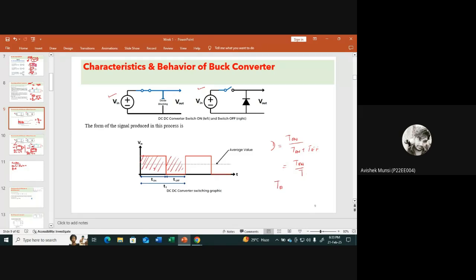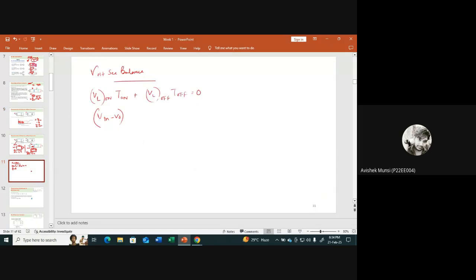The on time will be dt, and definitely the off time will be 1 minus dt. Clear? So we put the on time dt, plus VL off, which we calculated as minus V0, times 1 minus dt, that is equal to 0.